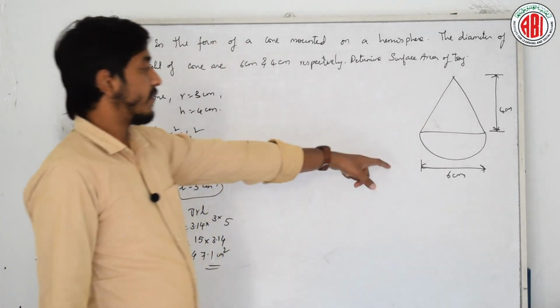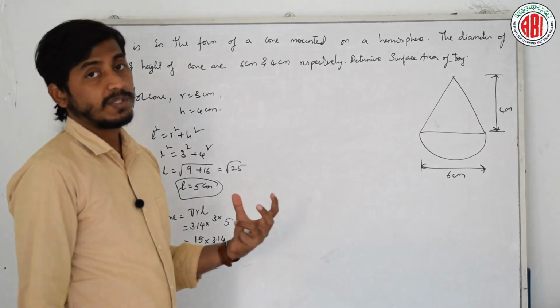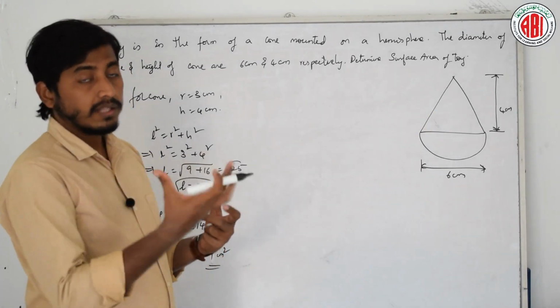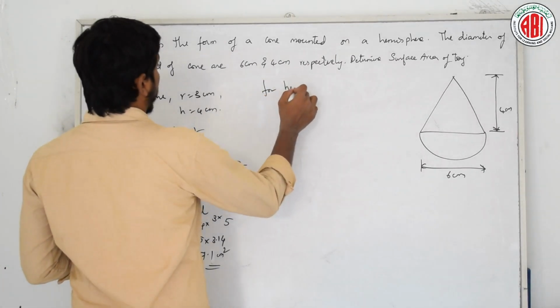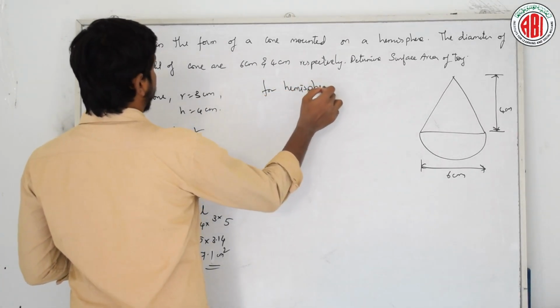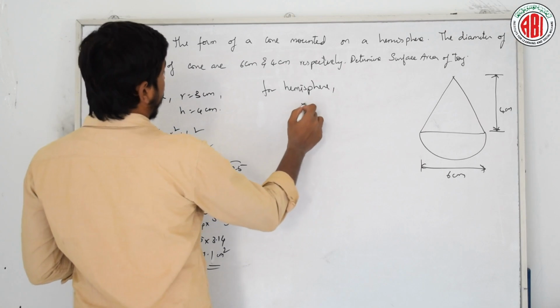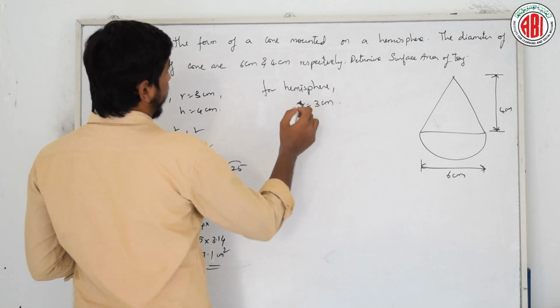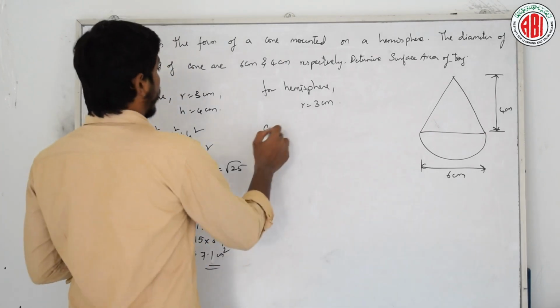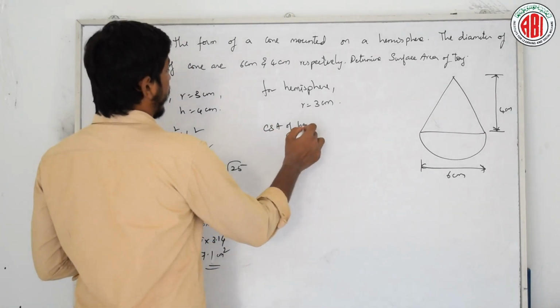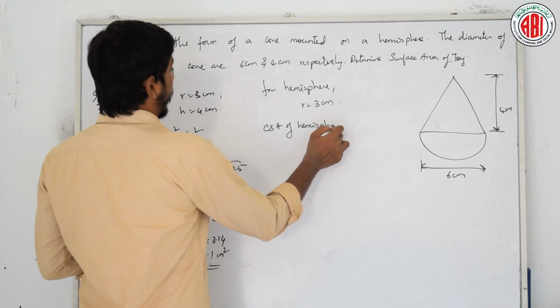Then what about the surface area of the hemisphere? Only the curved part, that is only CSA, we have to find. For the hemisphere, what is given? Radius as 3 centimeter. Is there anything else required? No, right? Therefore, CSA of hemisphere.